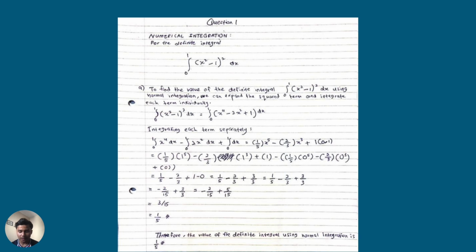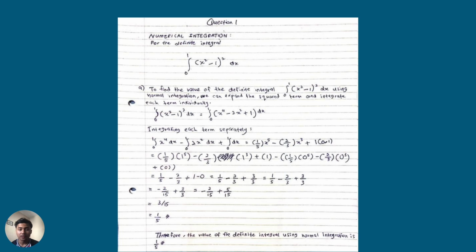We can expand the square term and integrate each term individually. So we can get the integral from 0 to 1 of (x^2 - 1)^2 dx equal to the integral from 0 to 1 of (x^4 - 2x^2 + 1) dx.